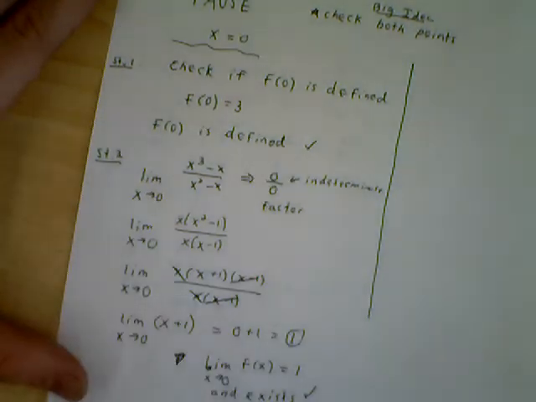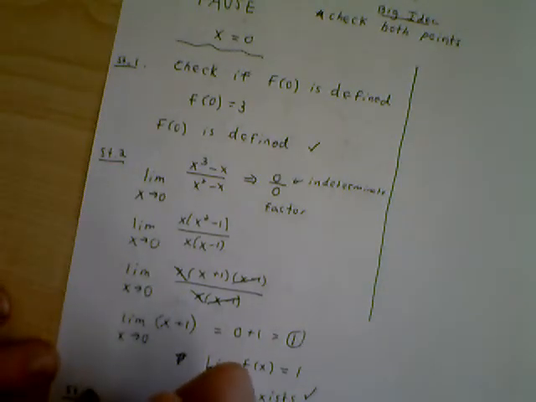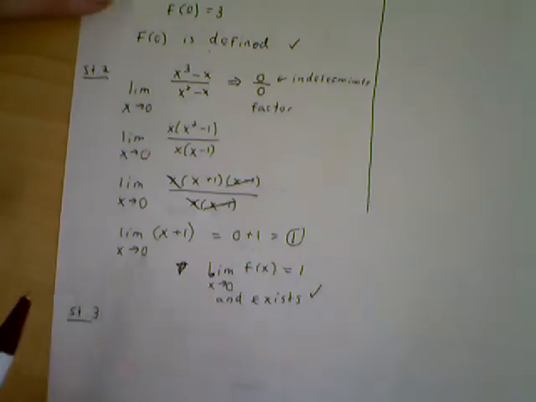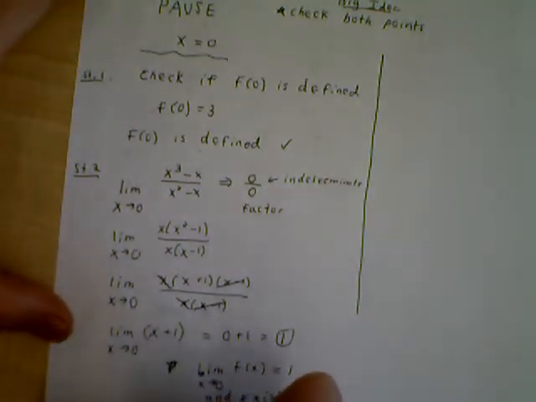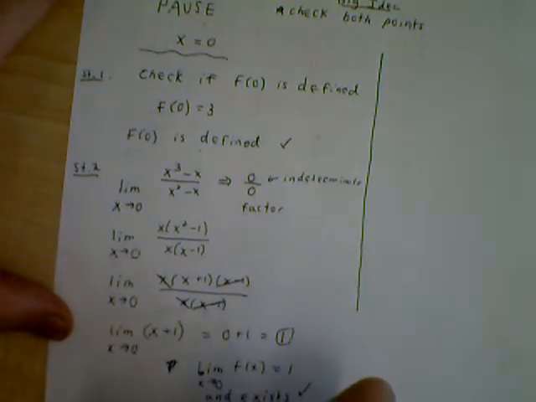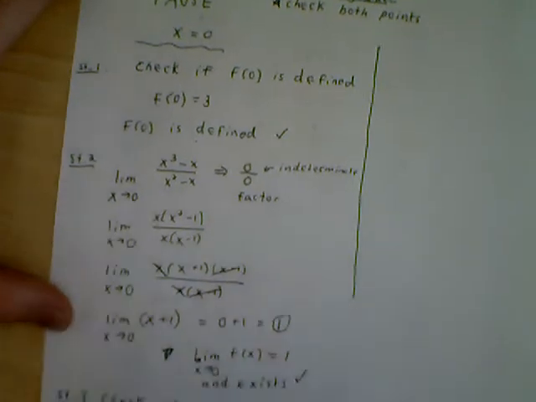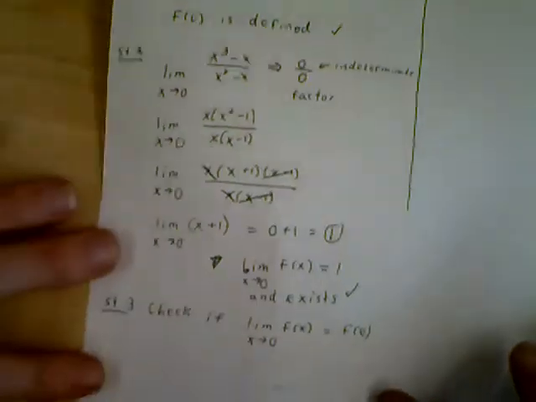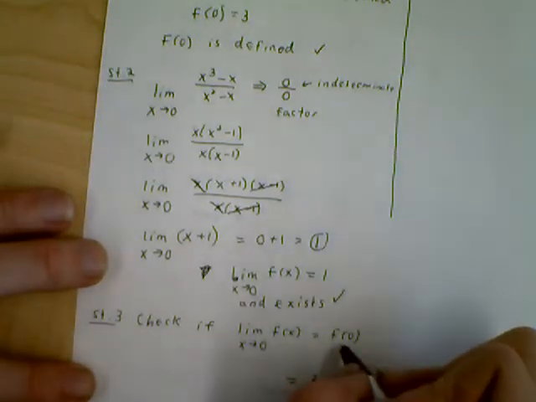All right, we met criteria 2. But now for criteria 3, I'm going to put steps 1 and 2 together. Well, I have to check if the limit as x approaches 0 of f of x equals f of 0. Well, doing that, back in step 1, I found that f of 0 was 3, all right?